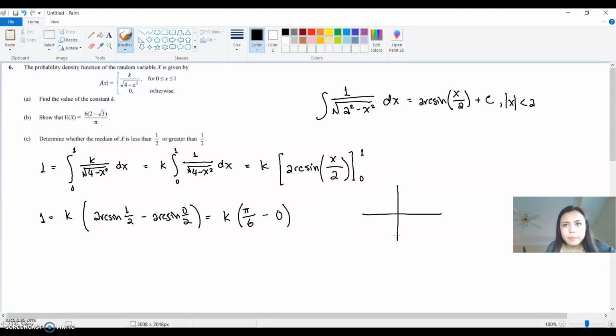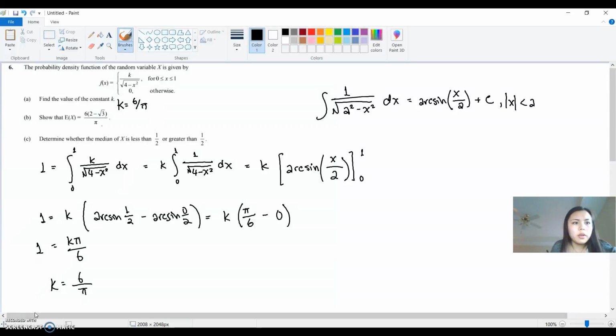Because on our unit circle, when this is 1 over 2, the angle is pi over 6. So 1 equals k times pi over 6. Therefore, k must equal 6 over pi. And that's part 1: find the value of constant k. K equals 6 over pi. There we go.